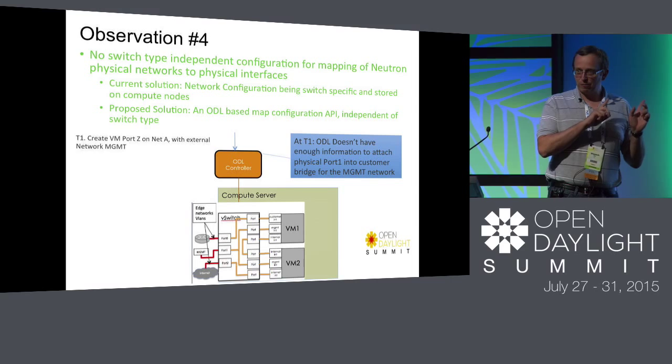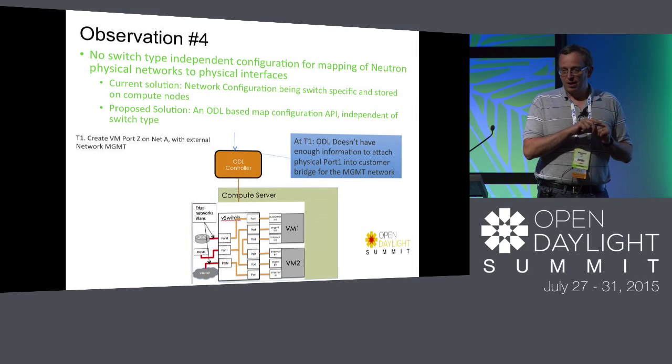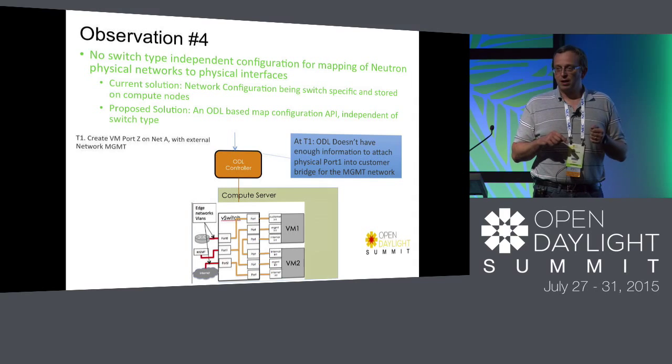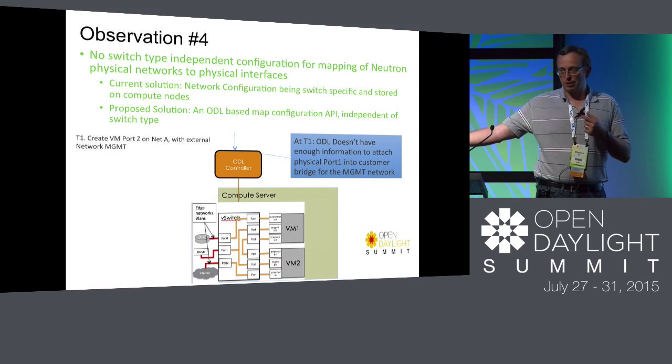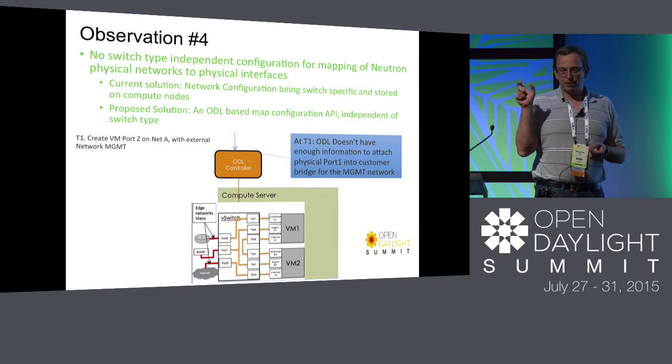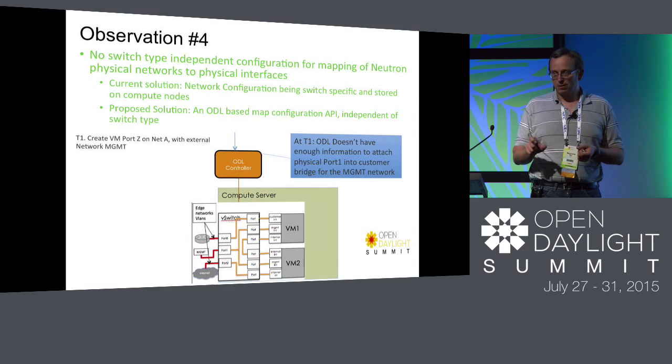We found this problem to be acute because we also had other switches. And basically other switches don't use the same script, they don't use OVSDB, but everybody needs to know how to map a neutron network to their port.